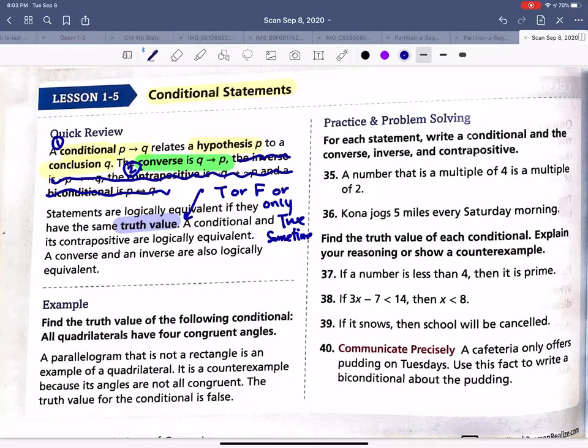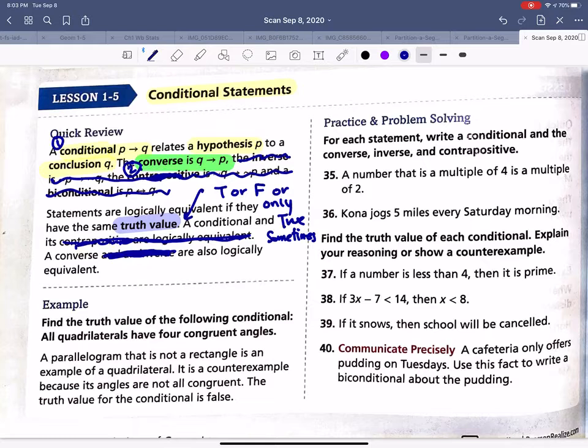So that's all that means. Okay, now it starts talking again about contrapositive, and I crossed that part out, so we don't have to worry about that. And we don't have to worry about inverse. So converses, we can just say converses are also logically equivalent. Okay, that makes sense. So let's take a look at some examples.